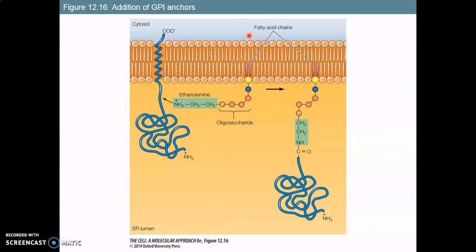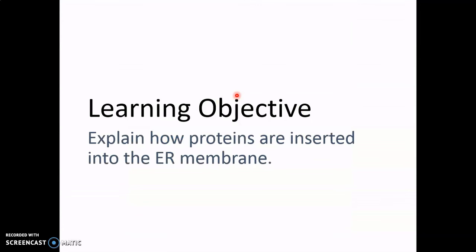But if we want that to be on the exterior leaflet of the cell, that would have to be accomplished through this GPI anchor. So now we have a good idea of how proteins are inserted into the membrane.